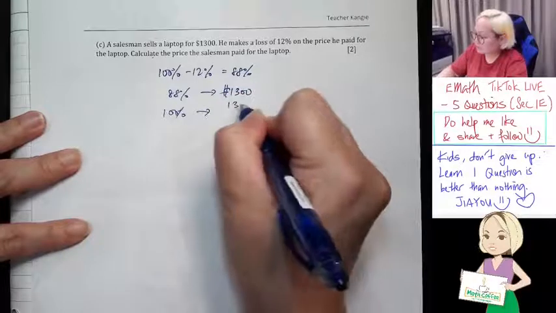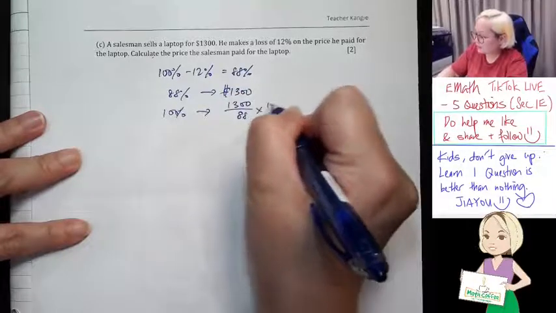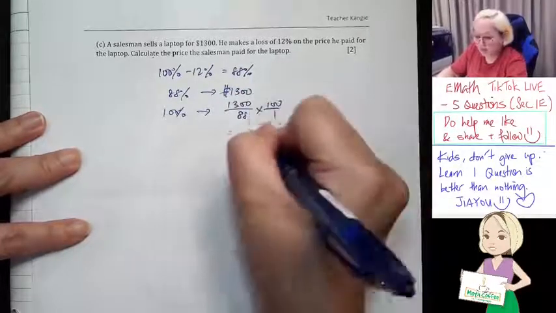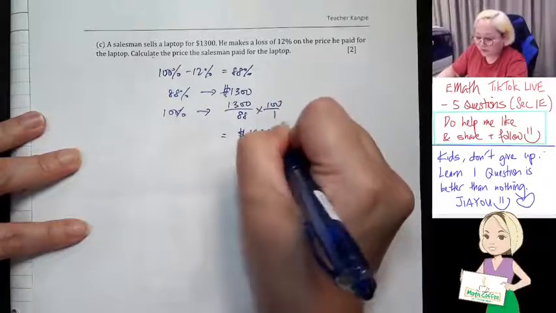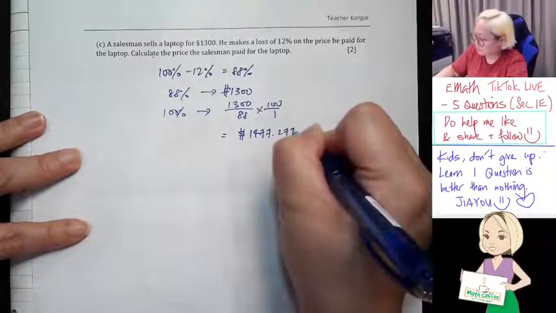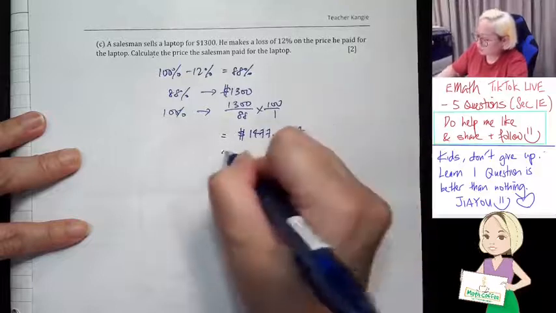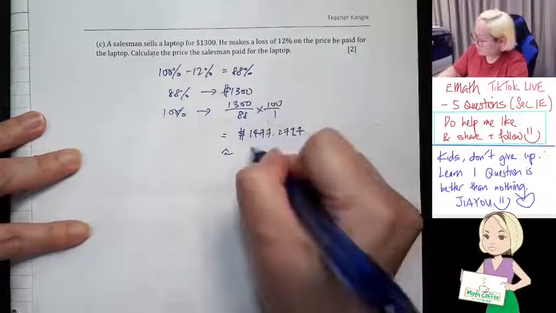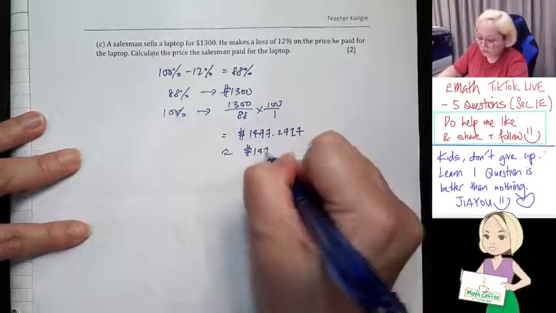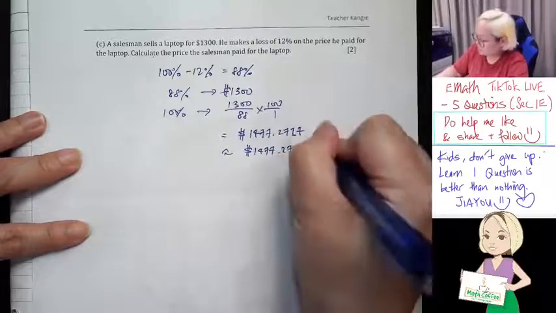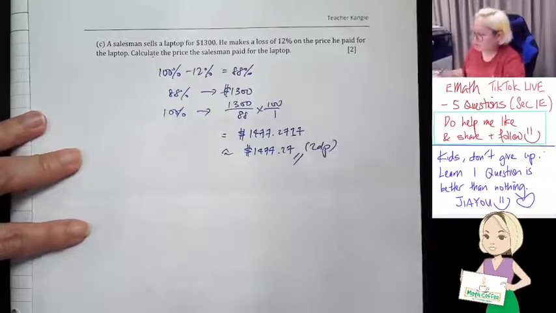Just take 1,003 divided by 88 multiplied by 100. Okay, and I will get 1477.2727. Round off to 2 dp, it will be 1477.27. And we are done.